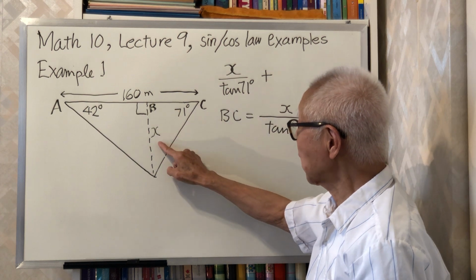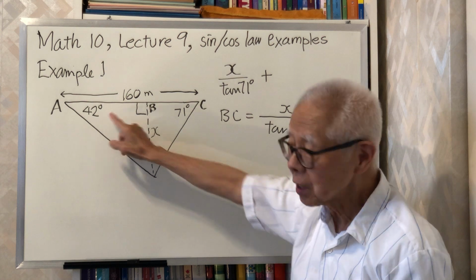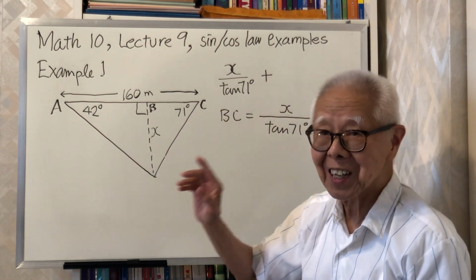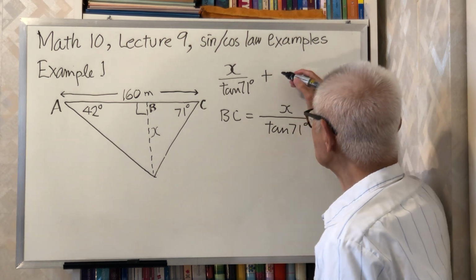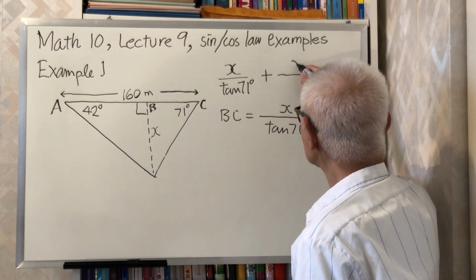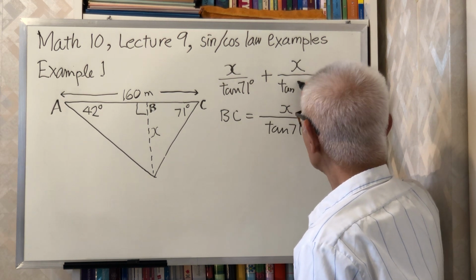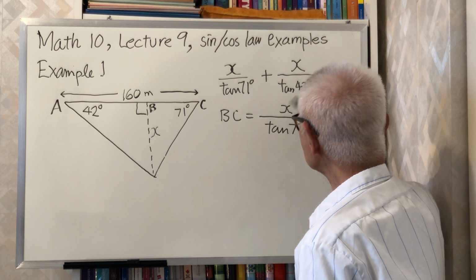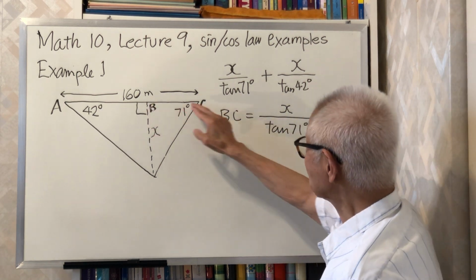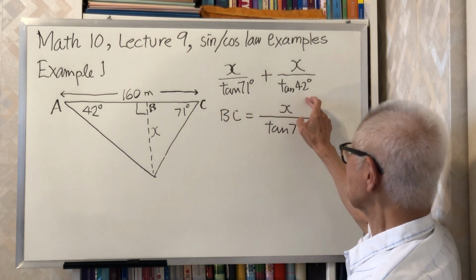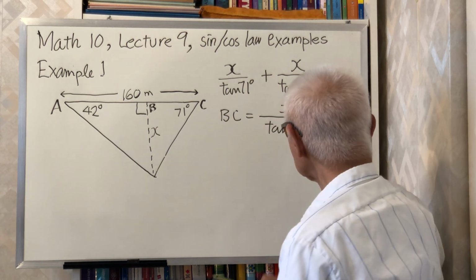AB is x divided by tangent 42 degrees. The reason is exactly similar to this part. So I add x over tangent 42 degrees. This means BC plus AB is 160.